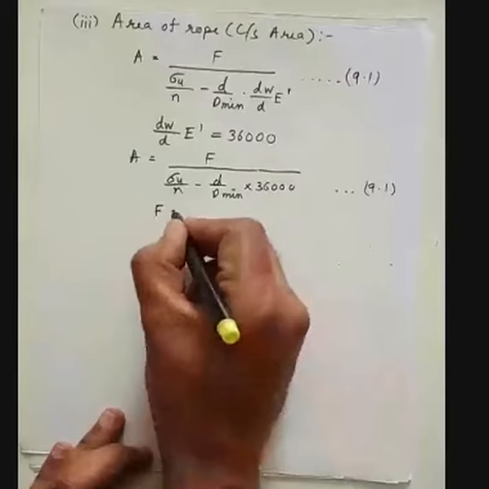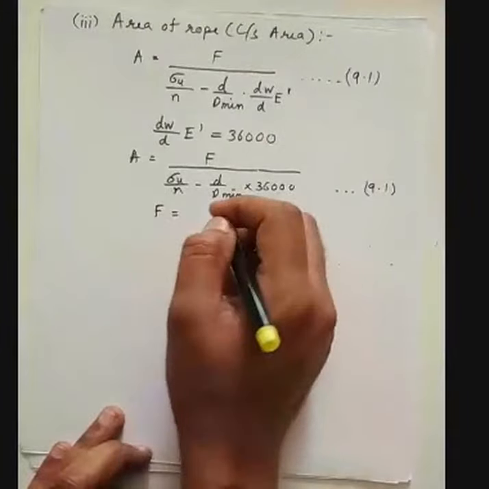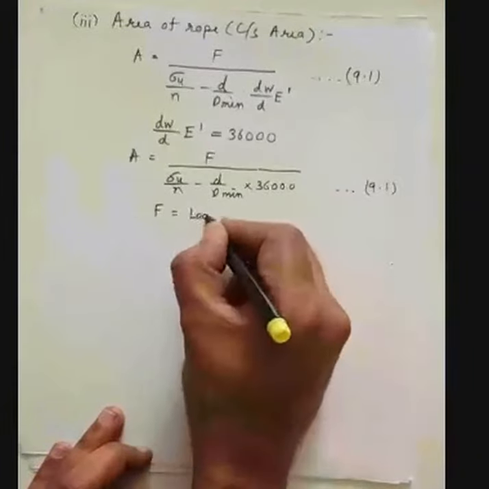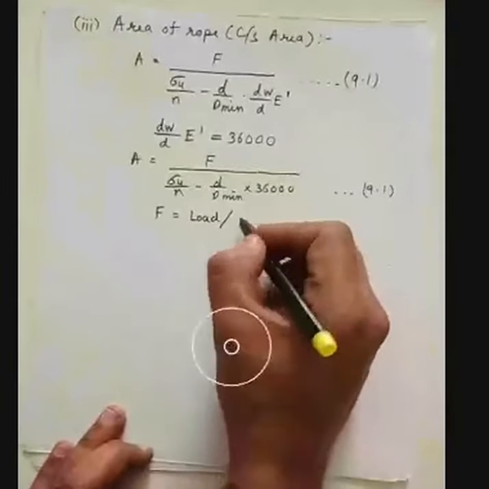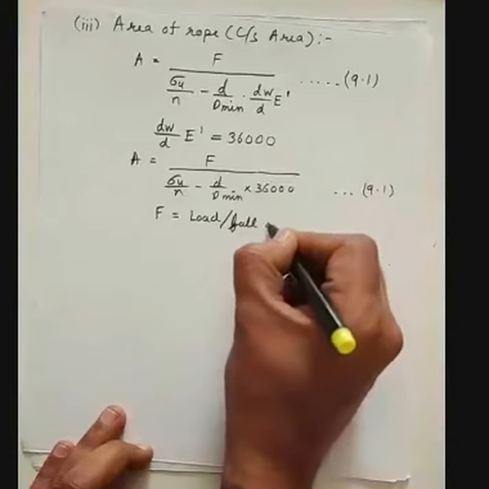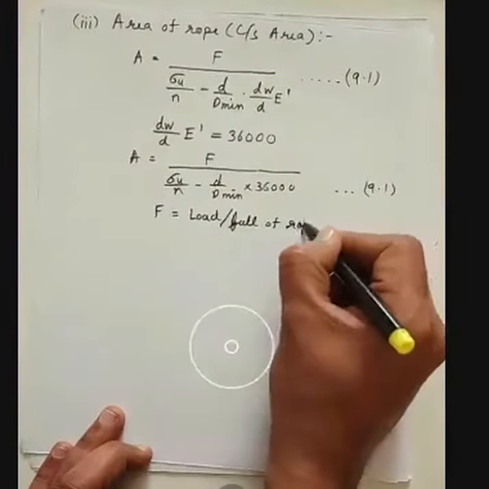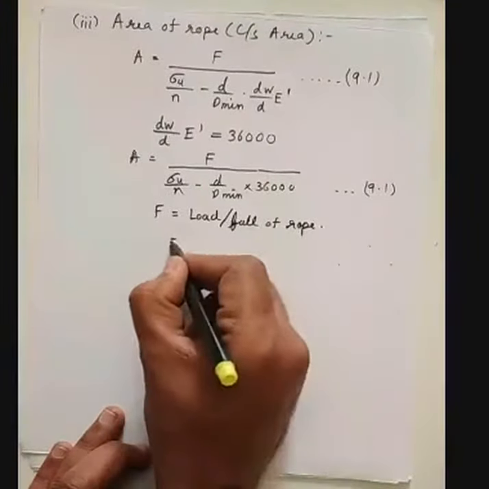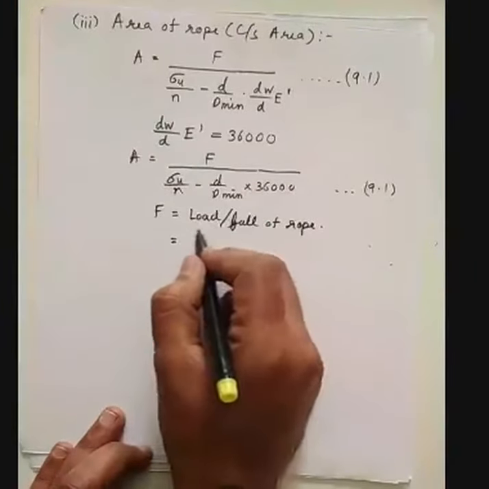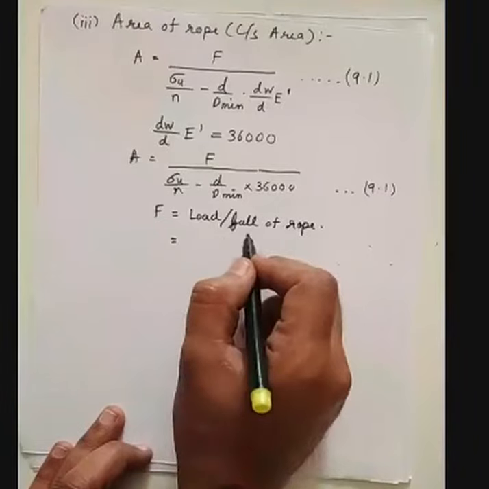In the PSG, F is nothing but the load per fall of rope. It is written in 9.1 if you can read. It means the load and the fall of rope.